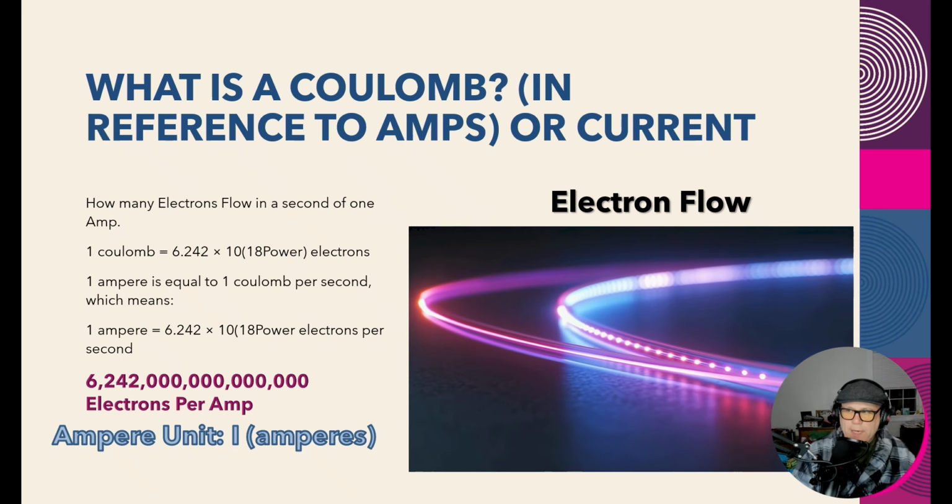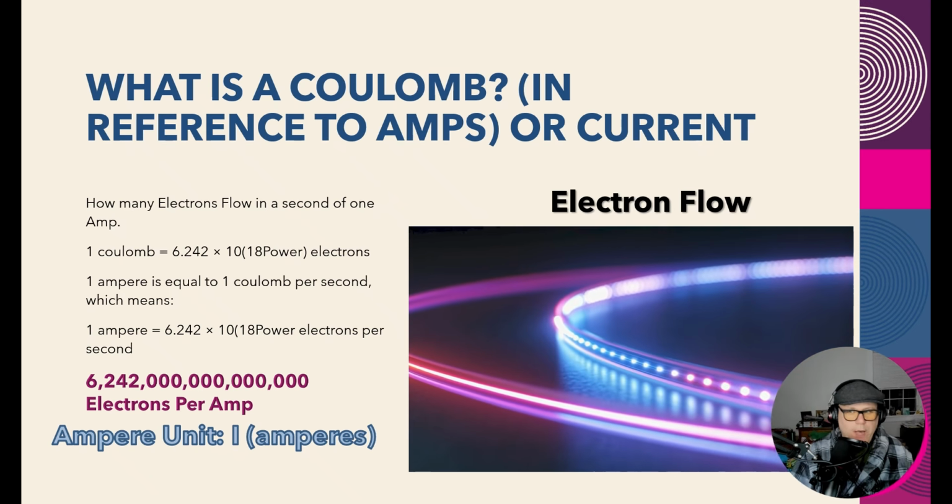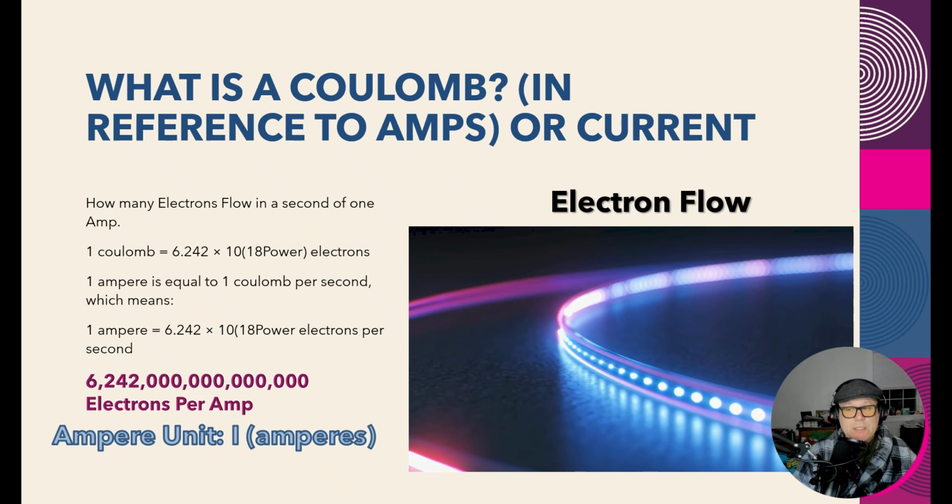Now, with the current flow, there are so many electrons that flow through that wire. What is that called? Coulomb. In reference to amps or current, how many electrons flow in 1 second in 1 amp? Well, it's 6.242 times 10 to the 18th power.